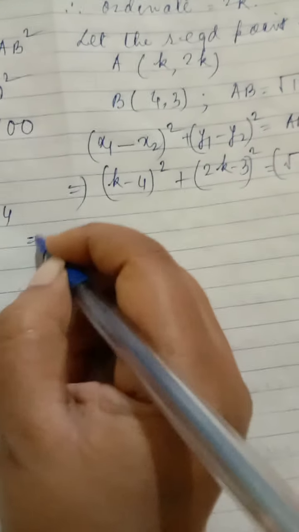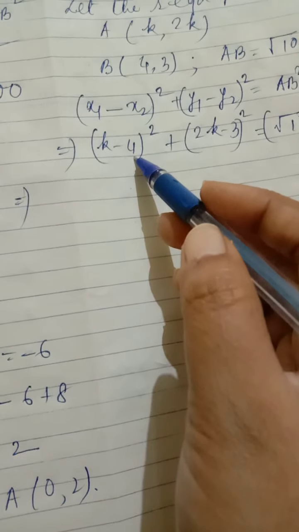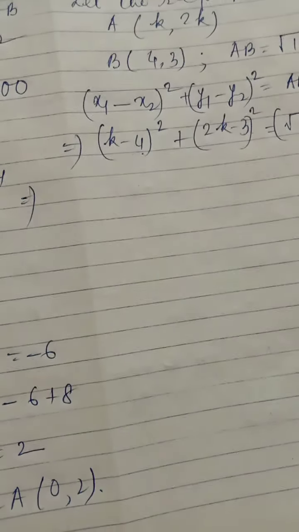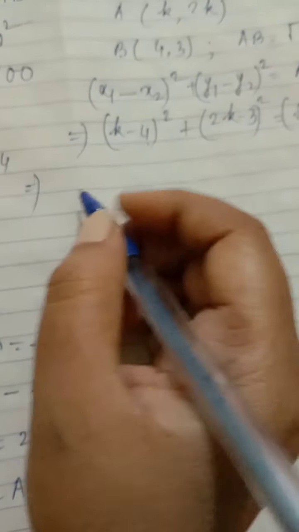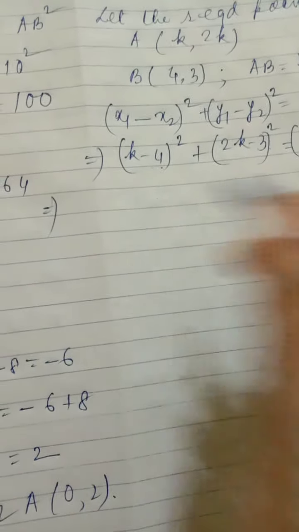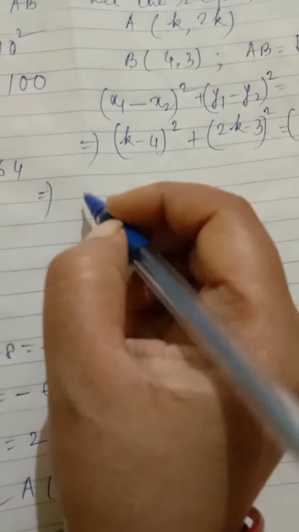This is in the form of (a minus b) whole square, and this is also in the form of (a minus b) whole square. So we have to apply that here. In the previous sums it was not required, but here we will require it.